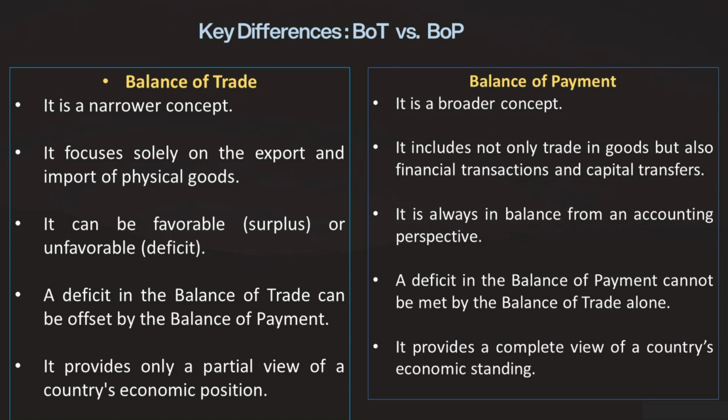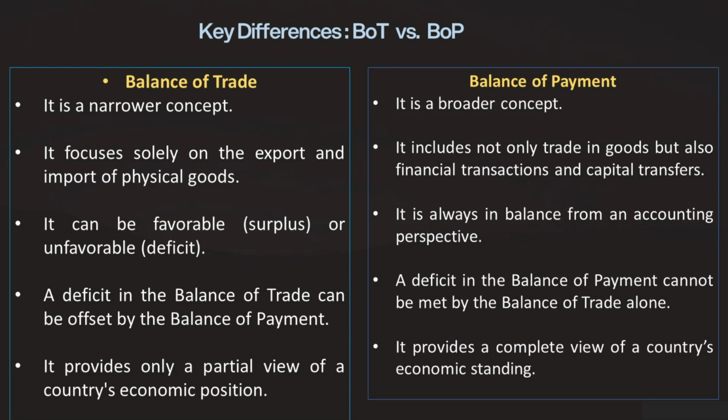Since it includes only physical goods, it may be in surplus. When it is in surplus, we say that the country's balance of trade is in a favorable position, and when it is in deficit, we say that balance of trade is in an unfavorable position.